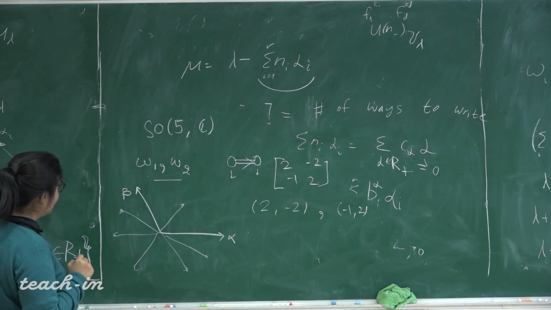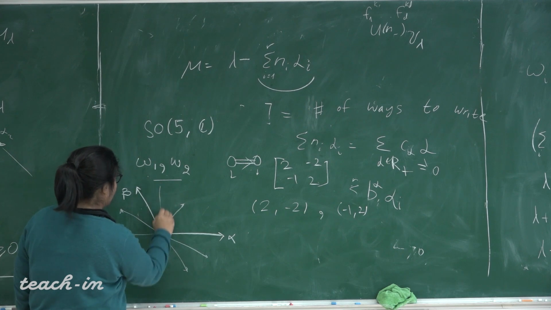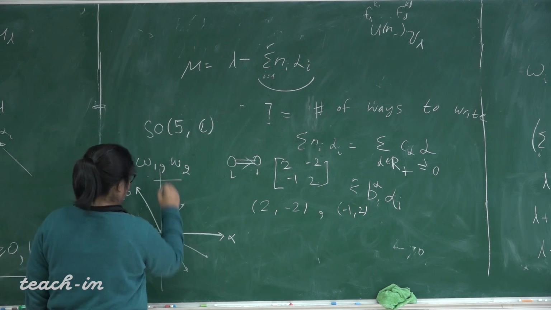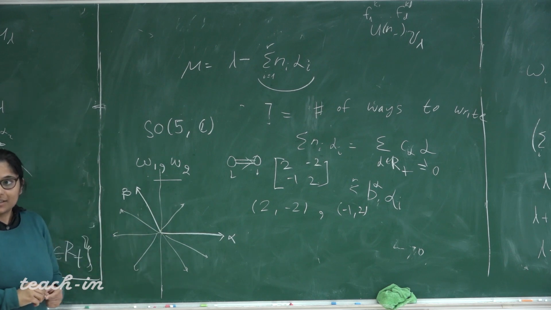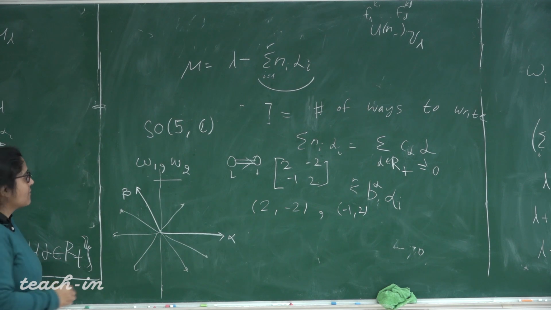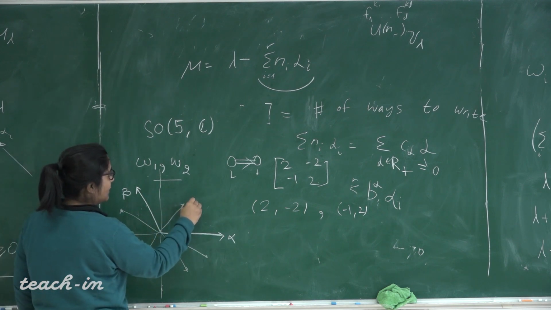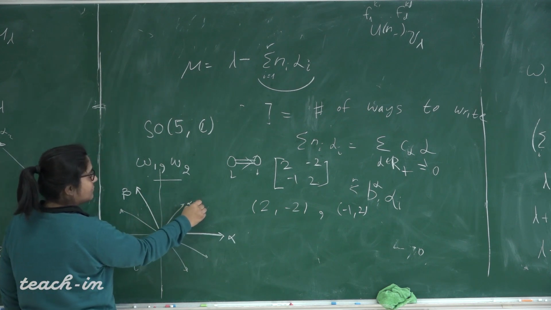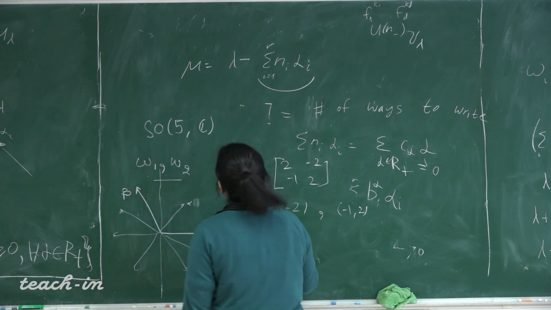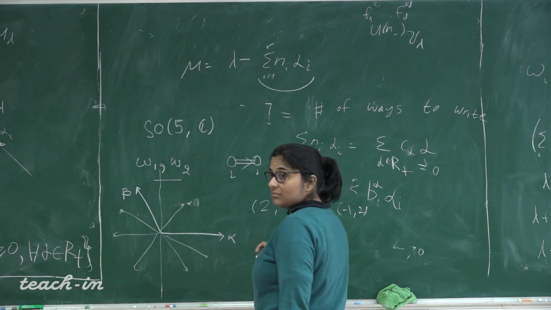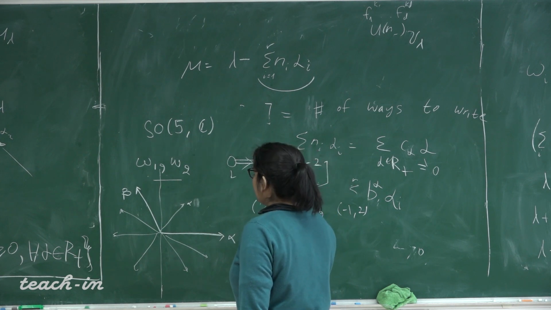And this is just the coordinate perpendicular, right? There are two of these. Okay, so hint: what is the angle between the simple roots? It's one to root 2. You have two simple roots, right?